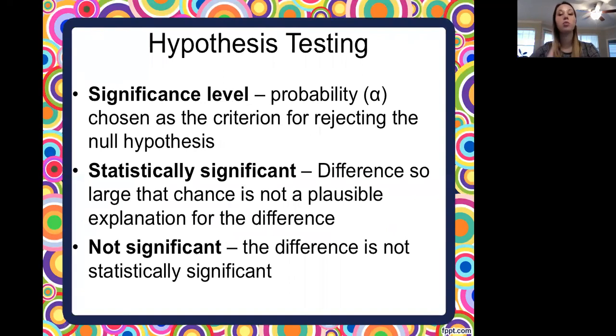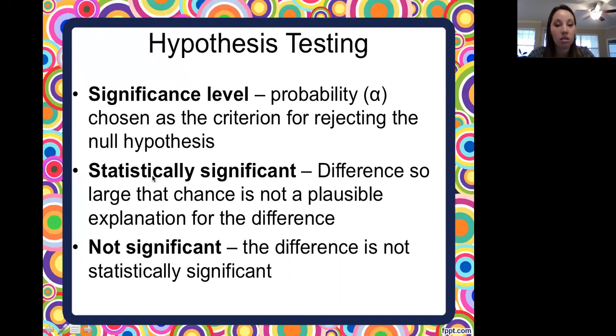The difference between our population and our sample is so large that chance is not a plausible explanation for that difference. So we have a statistically significant result, and chance is likely not at play here. We actually have a difference happening. If we have a non-significant result happening, we're going to retain the null hypothesis. The difference is not significantly different, basically.